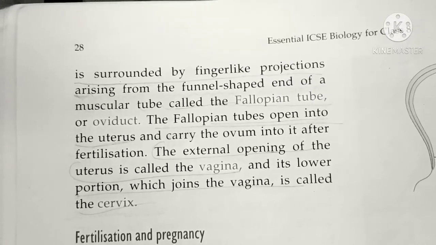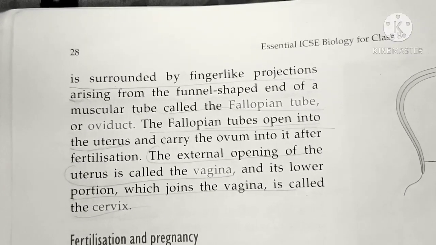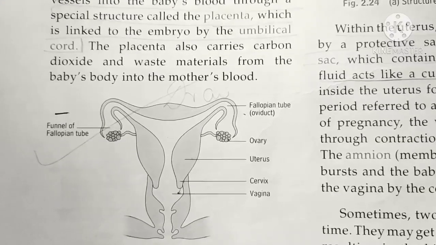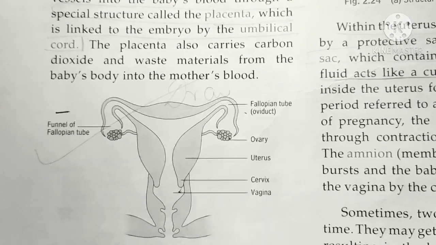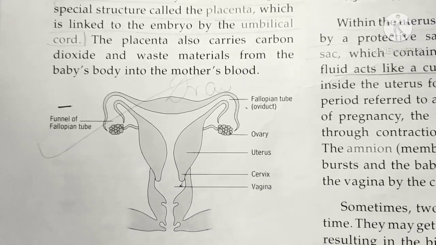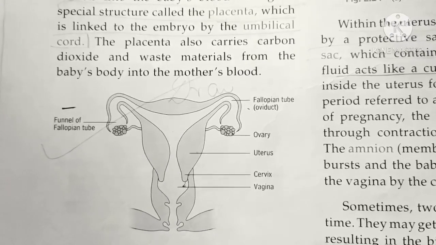The external opening of the uterus is called vagina and the lower portion which joins the vagina is called the cervix.